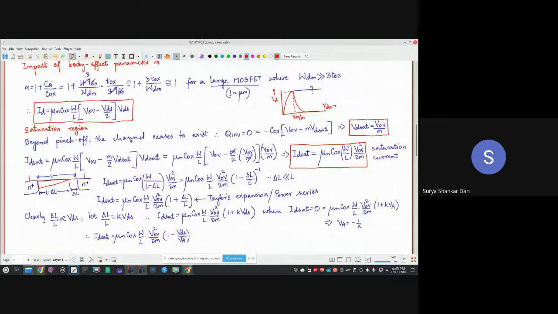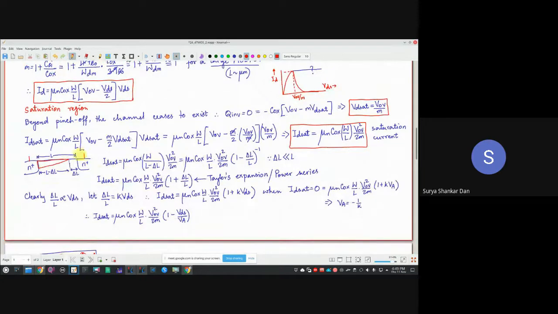Okay. In the saturation, that is the pinch off region, what is happening is that since this channel region, this red triangle region, is having free electrons, the amount of voltage or the potential drop in this region is going to be very less compared to the potential drop in the delta L, because they are not having any mobile carriers.